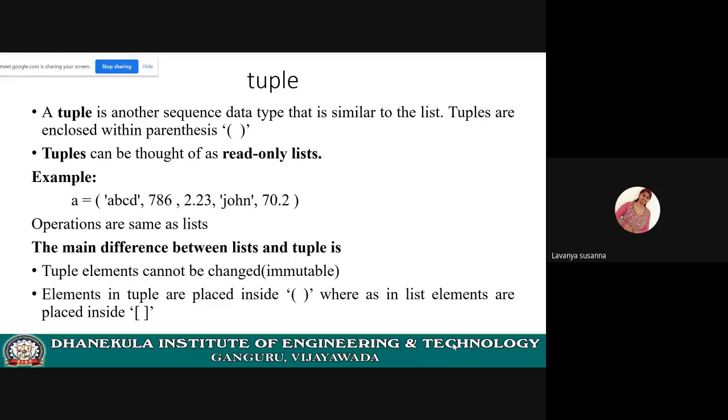Now, for a tuple, you need to use open bracket and close bracket, and inside that pass some data separated by commas, just like a list. What is the difference between tuple and list? In tuples, you cannot change any value, it is just for read-only purpose. But in a list, you can change any value. In a list, you use open square bracket and close square bracket, and in a tuple, you use open bracket and close bracket.